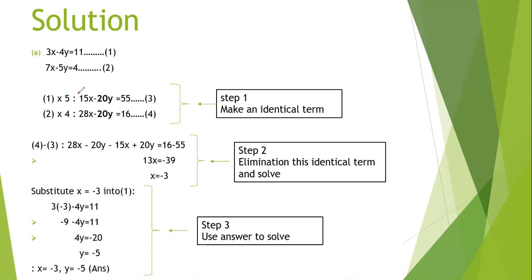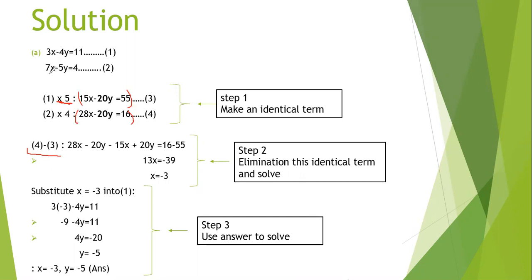We multiply equation 1 by 5 and equation 2 by 4. When this is multiplied by 5, this will be equation 3. Next, what are we doing? We are subtracting 3 from 4. So this is equation 4.